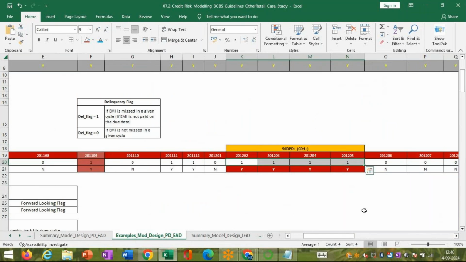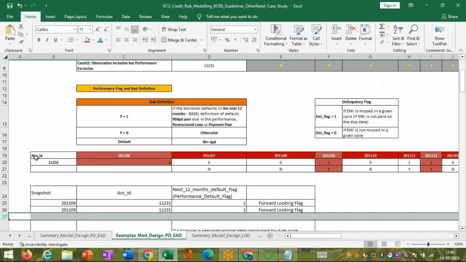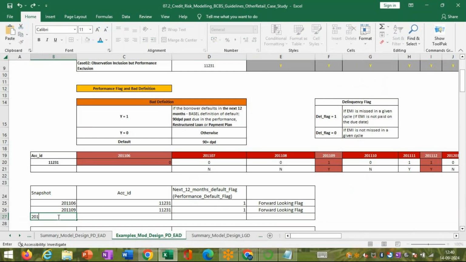So if I take it at 2011-12, even at 2011-12, this account ID will be flagged as a defaulter, as long as this performance window keeps on coming in place. 11231 will always be flagged as a defaulter.